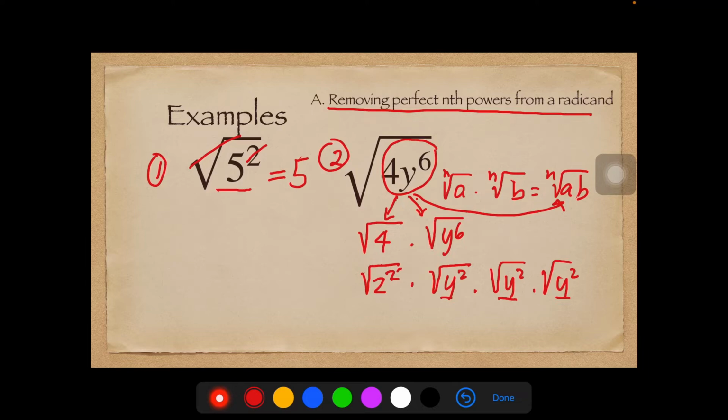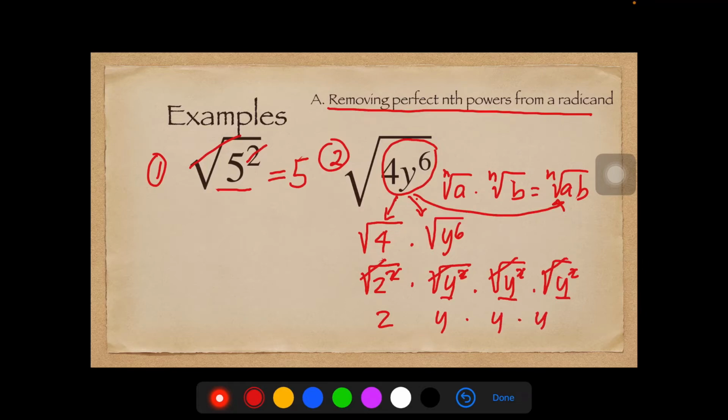Now, we cancel that because we remove the perfect nth powers. So we have 2. Then we cancel also the exponents in this expression, so for this one we have y times y times y.